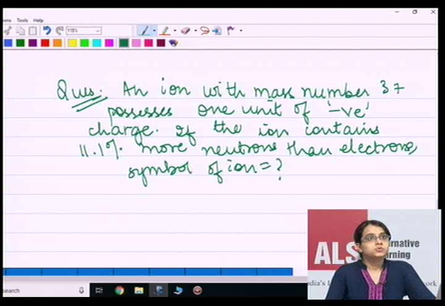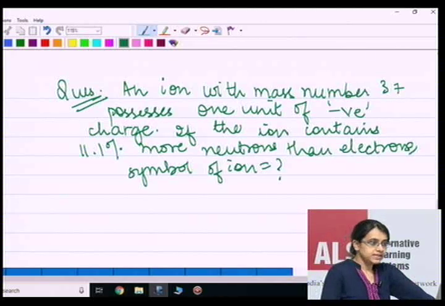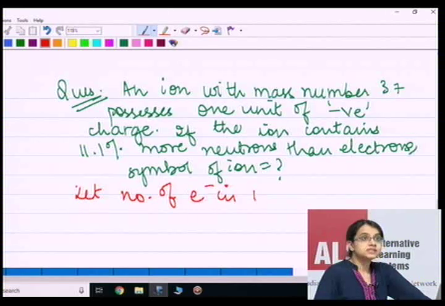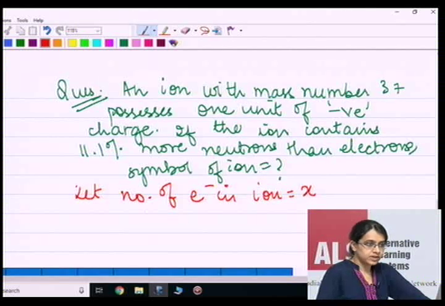How is it going, students? In case any of you is stuck, let me give you a hint. You will have to let the number of electrons in this ion be x, because you're given that it has more neutrons than electrons. Whatever you're given as the standard, you have to take that as x.